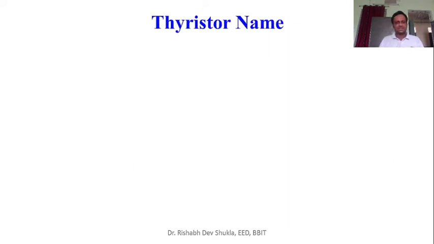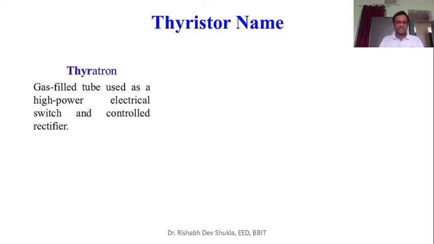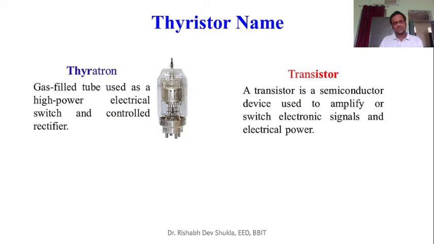As the name implies, the name thyristor is taken from two things, thyratron tube and transistor, because these devices show behavior just like a thyratron tube and a transistor. Therefore, their name is thyristor. Because of that, thyristor family devices show behavior like these two devices.